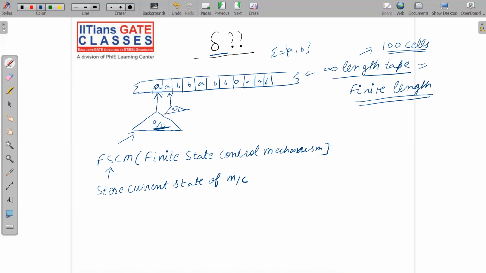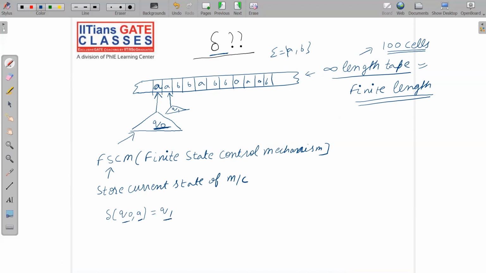If we have a move like this, let me give you one example of delta, then you will get a good idea. Say I write δ(Q0, A) = Q1. This means the FA is at state Q0, symbol A is read from the tape, then it will move to state Q1. So now the next state will be Q1.